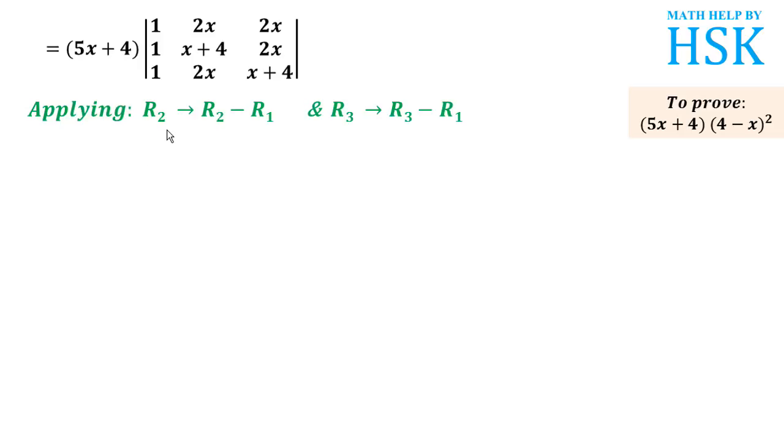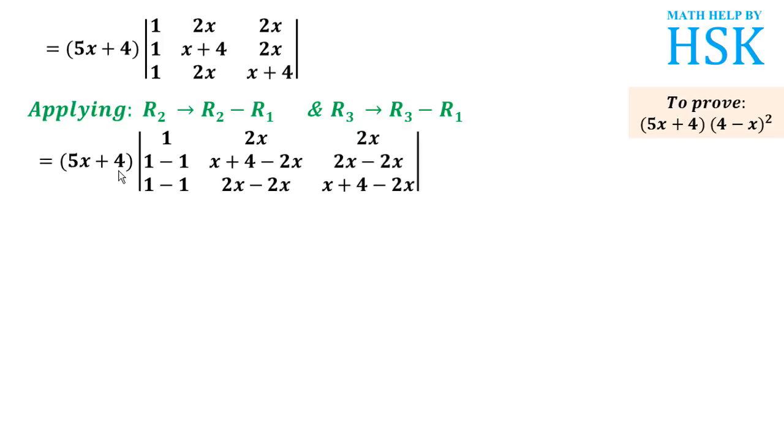So applying R2 is changed to R2 minus R1 and R3 is changed to R3 minus R1, I am going to get this determinant as equal to 5x plus 4, this first row as it is. The second row will be 1 minus 1, x plus 4 minus 2x, 2x minus 2x. The third row: 1 minus 1, 2x minus 2x and x plus 4 minus 2x.